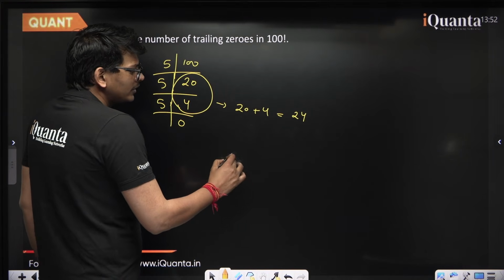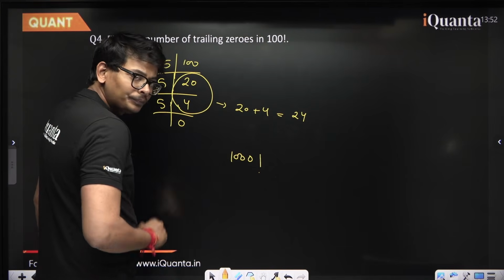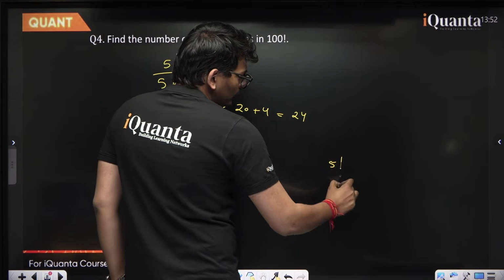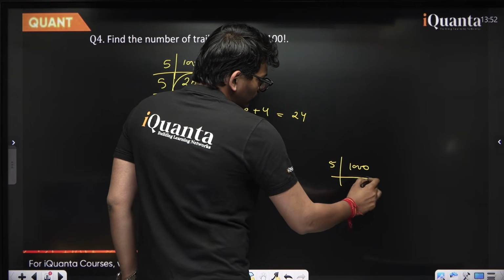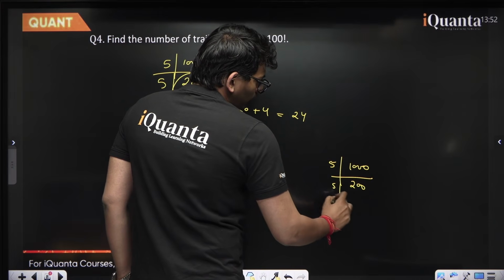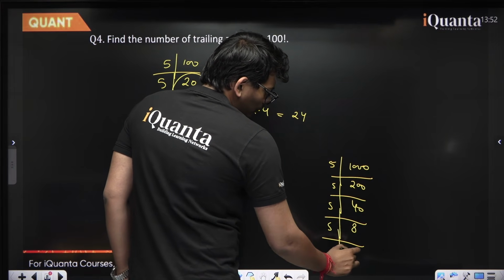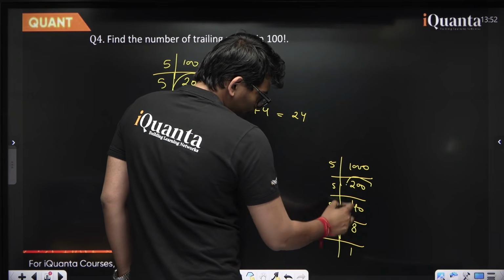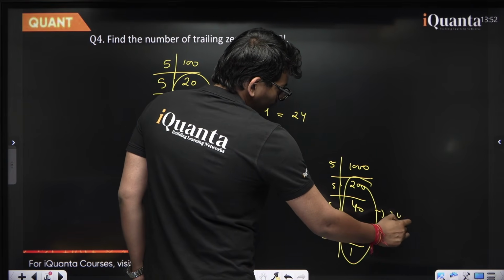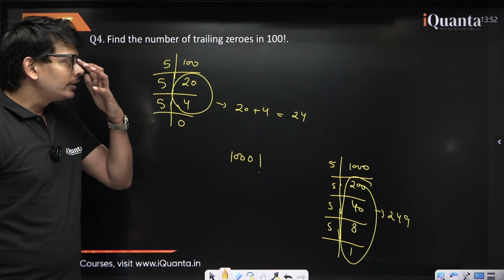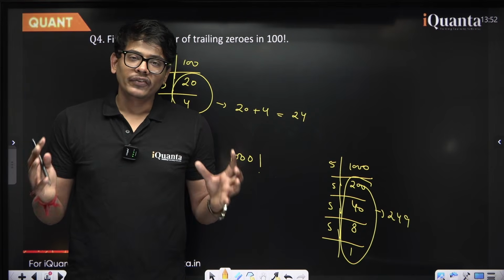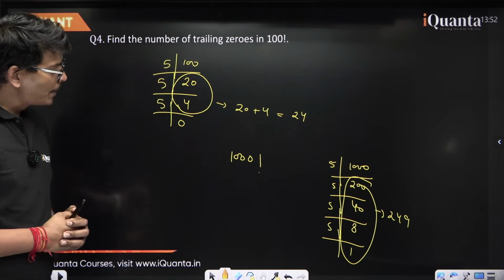Suppose question says, what about 1000 factorial? So 5, 200, 40, 8, 1, 249. So in this way, you can find out number of zeros at the end of any factorial, right?